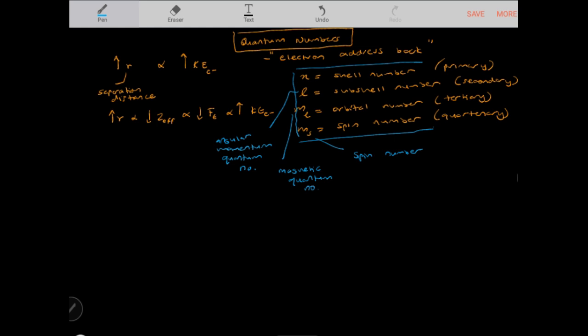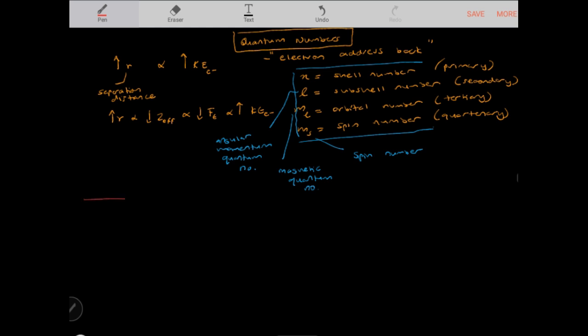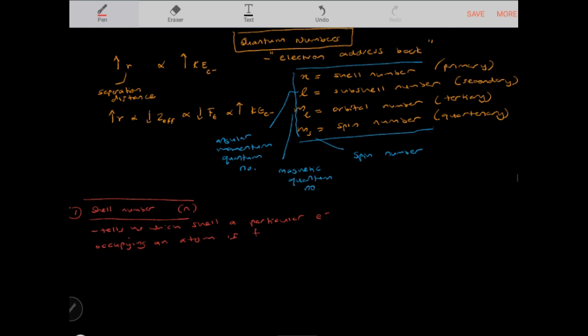Okay, so let's start with the shell number here. The primary quantum number, also known as the shell number, basically tells us which shell a particular electron occupying an atom is found in, right?